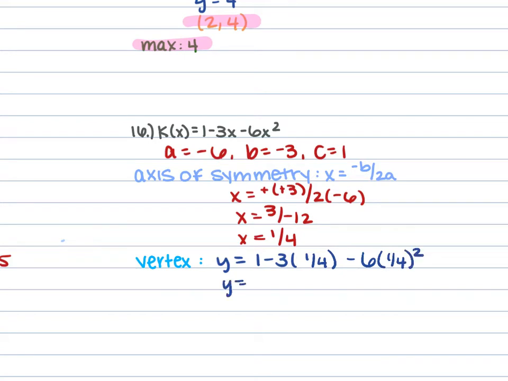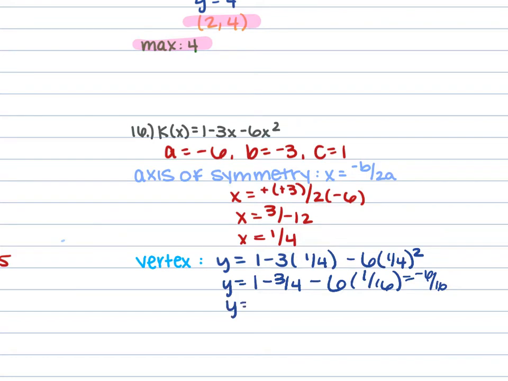So y is equal to 1 minus 3/4, minus 6 times 1 over 16. So this negative 6 over 16 is going to simplify to be negative 3 over 8.